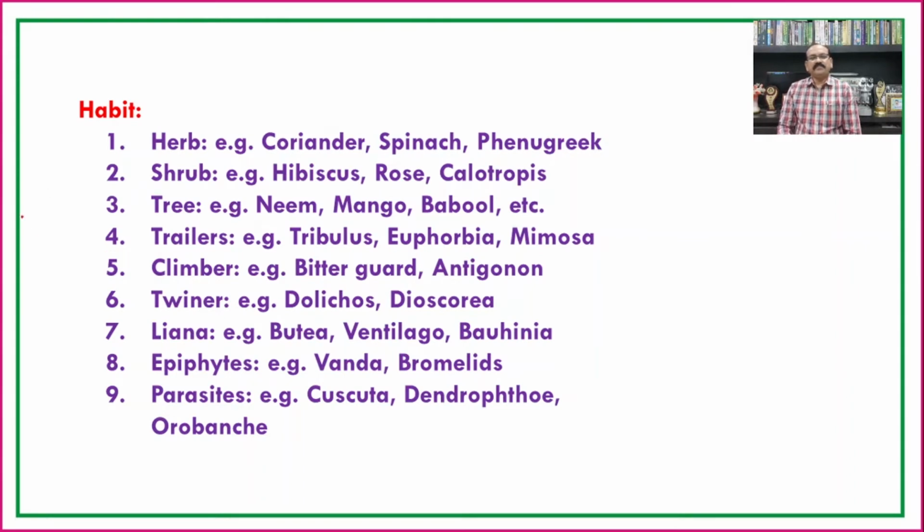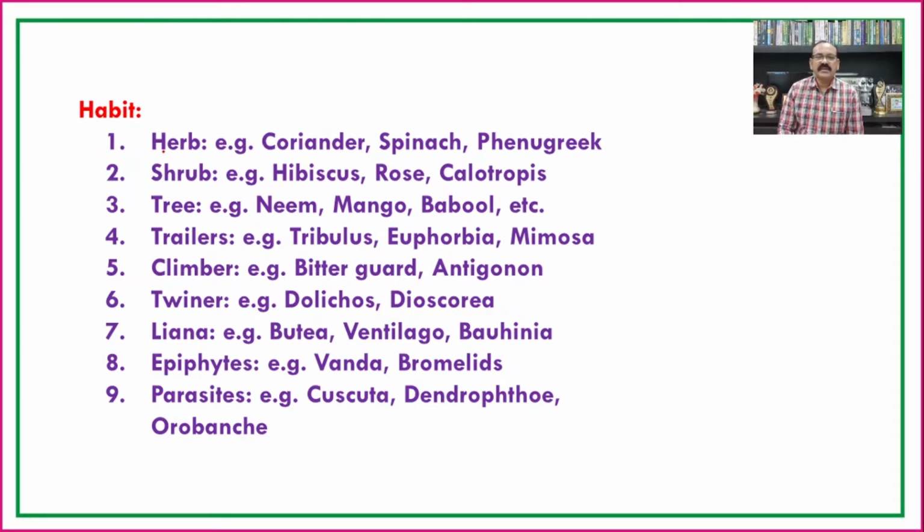This topic is included in the stem itself, because if we see the habit of the organism, then we will find that the different habits are on the basis of the type of the stem of that particular plant. This is very important whenever we are going to describe any plant in angiosperm taxonomy.